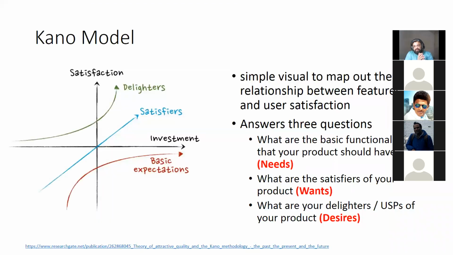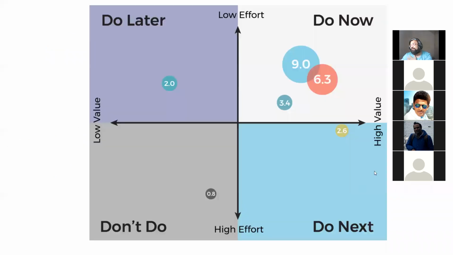So the next model we have, or before coming to Kano, let's have a discussion. What do you think? I think everyone is unmuted. So if you have any questions, anything, any comment, we can talk. Let's take a couple of minutes.